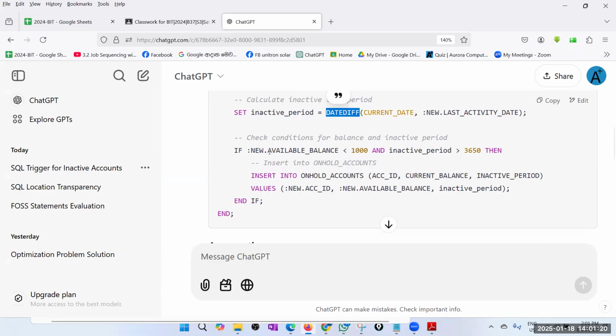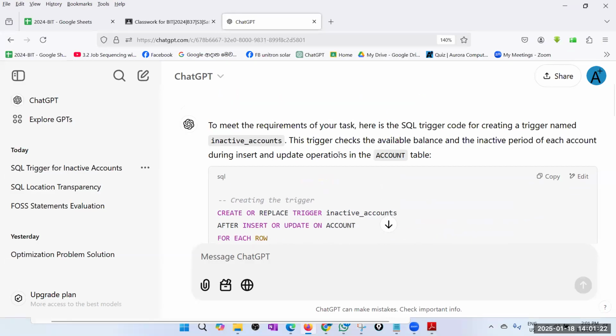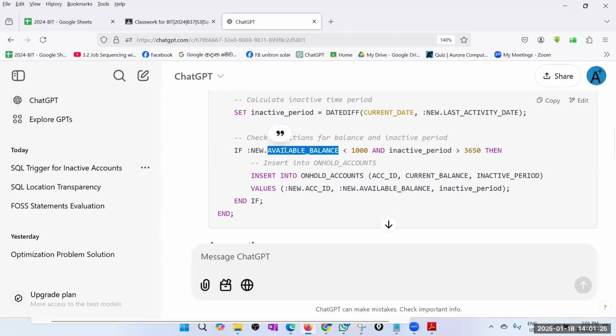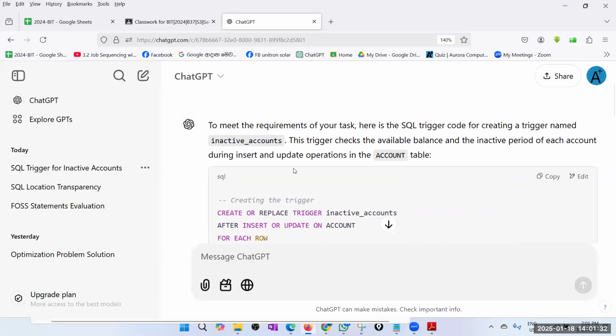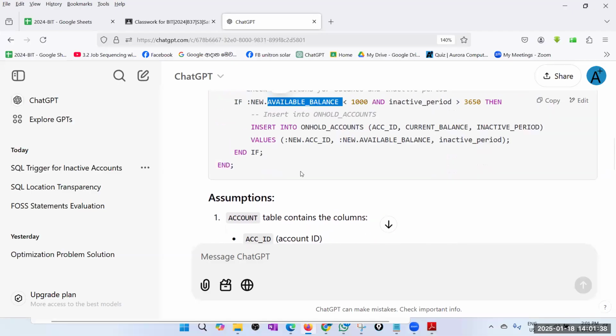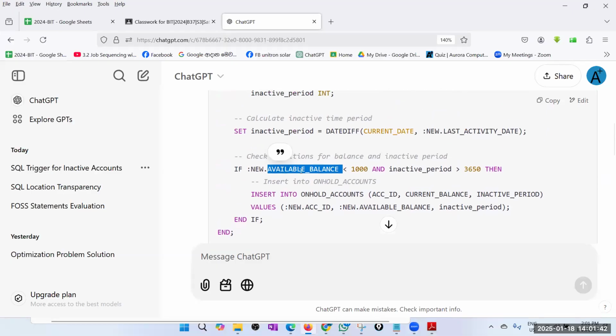Here they have assumed that available balance is there. I don't know whether the available balance is there. So this one is also not a very good answer for me, because ChatGPT has assumed that there's a value called available balance. I don't think there's an available balance in this trigger. Rather, we should write a select statement to get this into a variable.